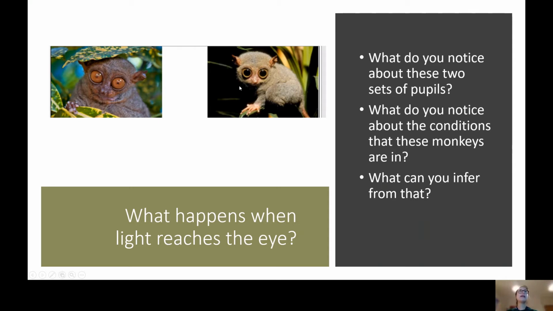Look around the monkeys. What do you notice? Well, you might notice that it's nighttime, it's dark around this monkey, and it's daytime here. So what can you infer from that? How is the darkness or brightness of its surroundings related to the size of its pupils?